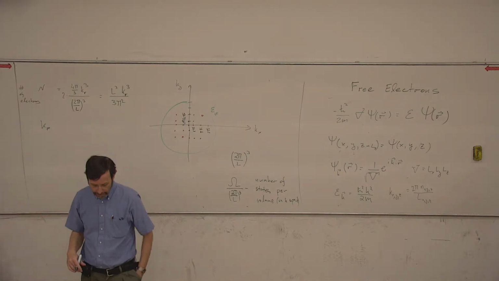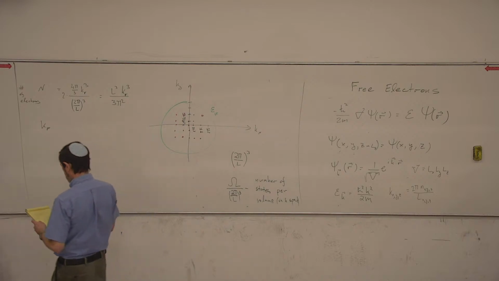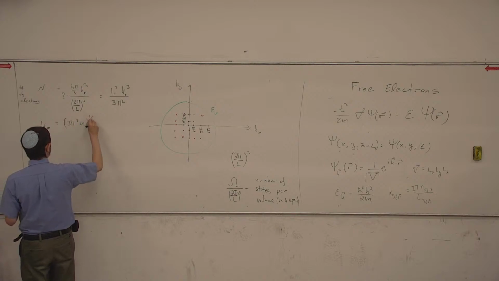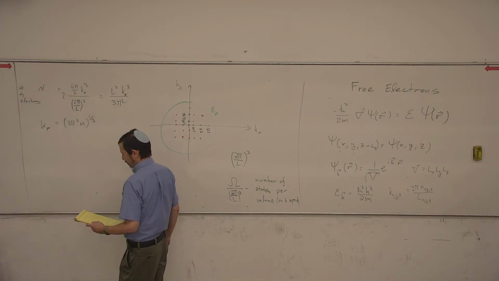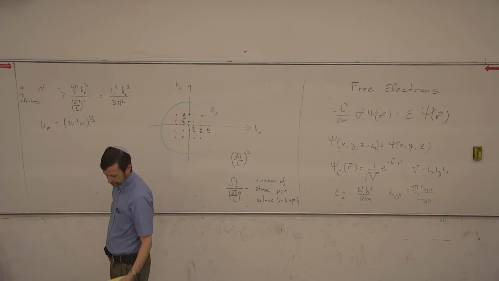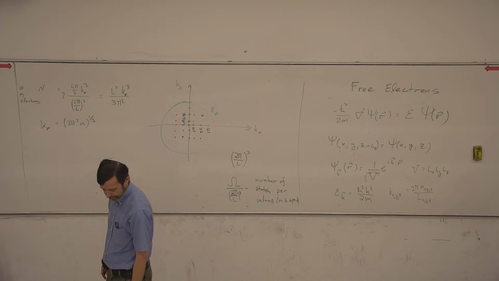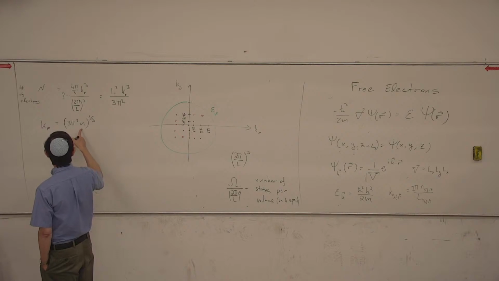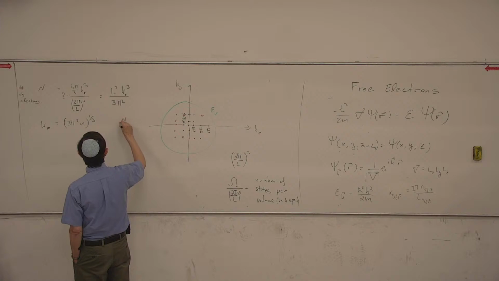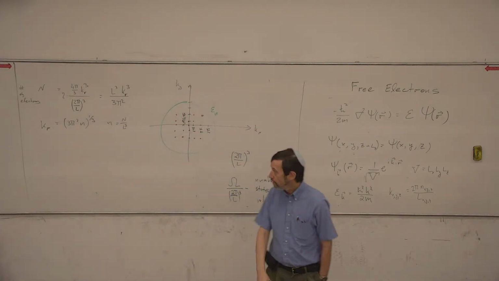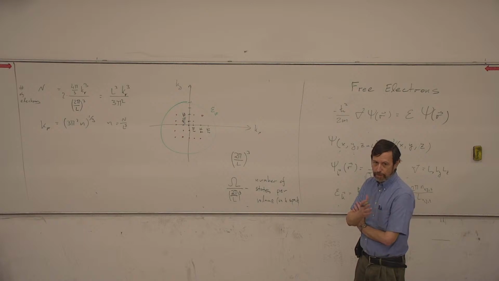If I know the number of electrons, N is the density of electrons per unit volume.